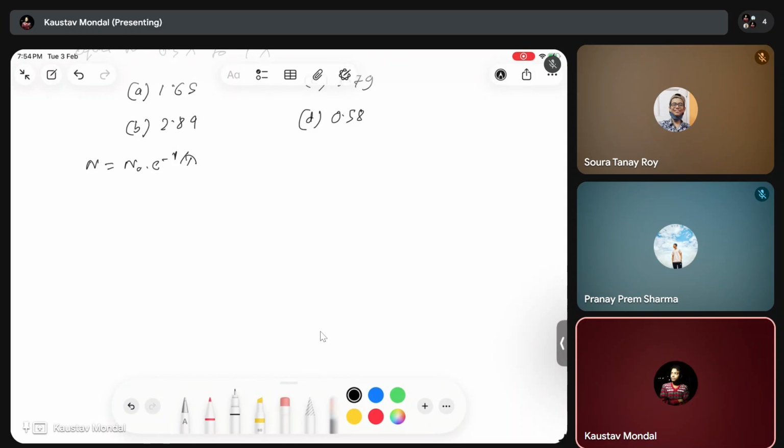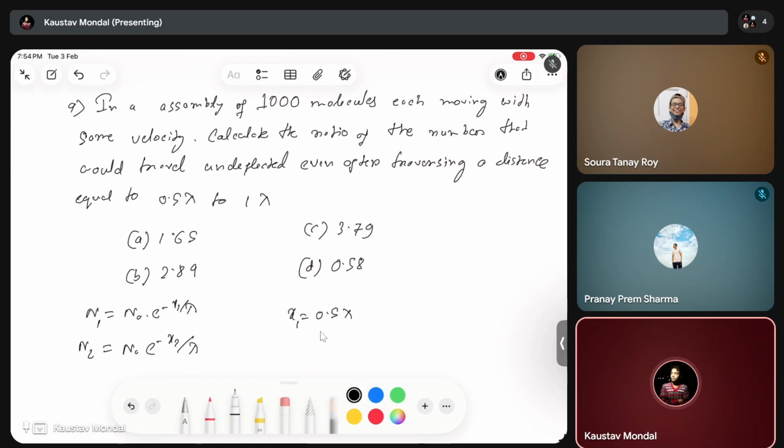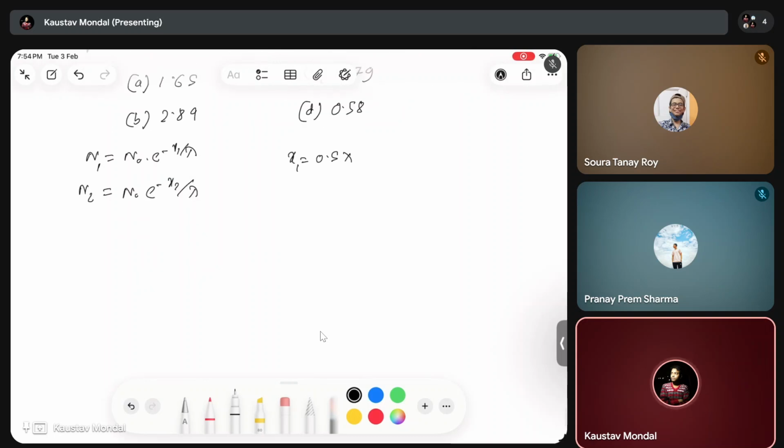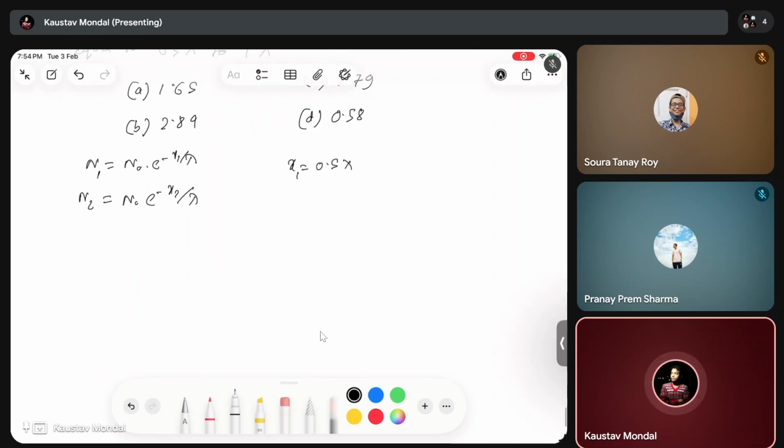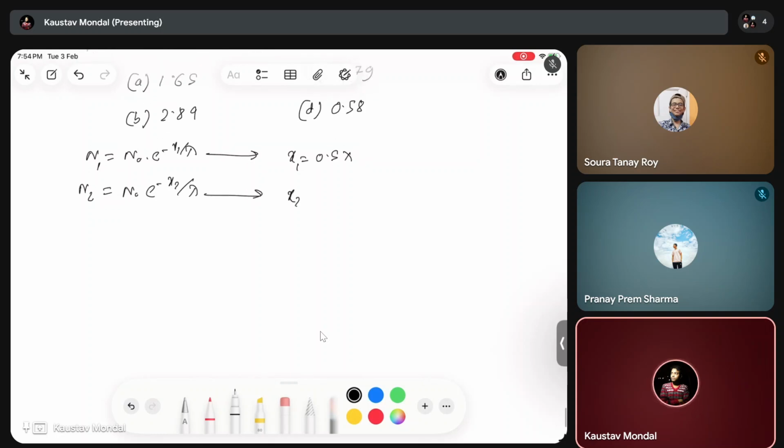So N1 is N naught e to the power minus x1 by lambda, and N2 is N naught e to the power minus x2 by lambda. Here x1 is 0.5 lambda. The undeflected number of molecules for the case of 0.5 lambda is N1, and for the case of 1 lambda let's take N2. So here x2 is just lambda.